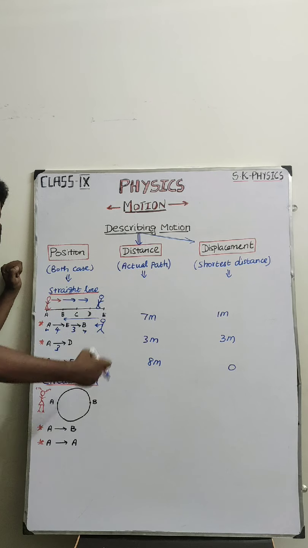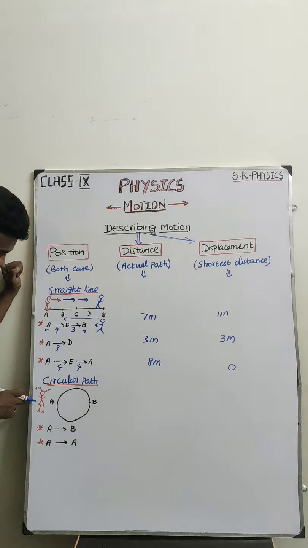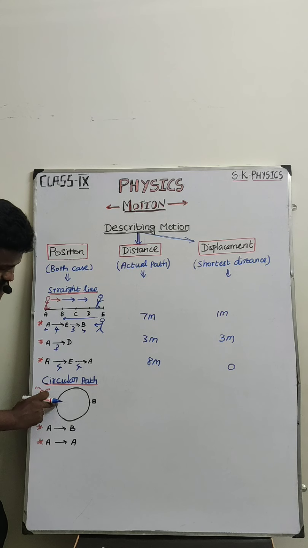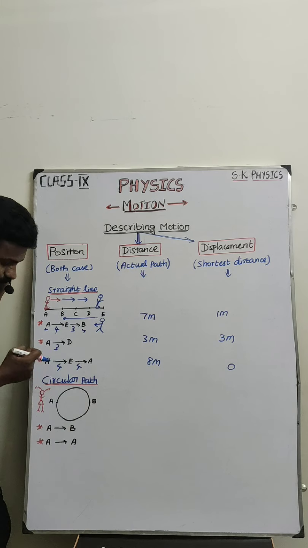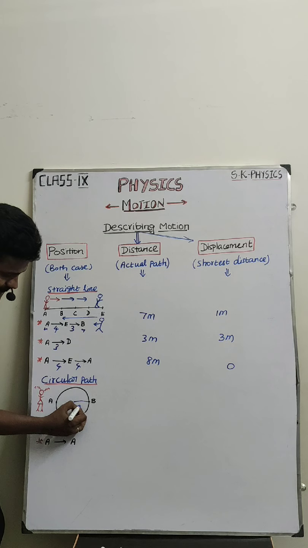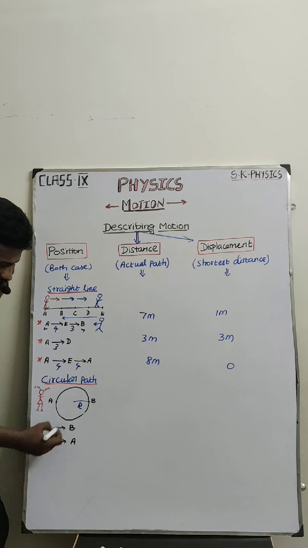Likewise, consider a circular path. One girl is standing here, and she is going to cover the circular path. The radius of the circular path is taken as R, and this is the center.